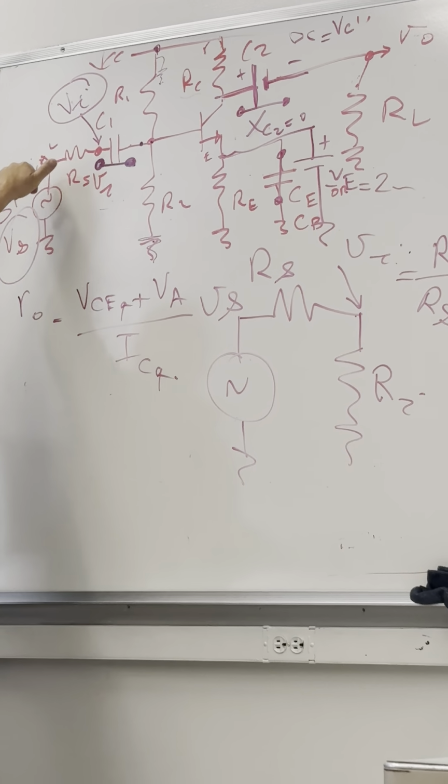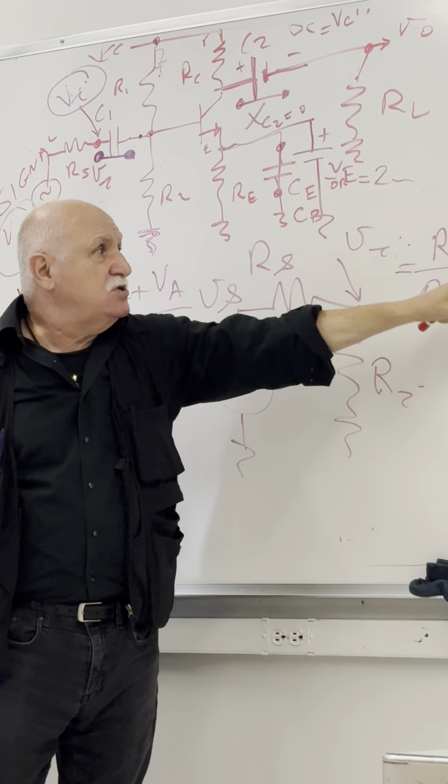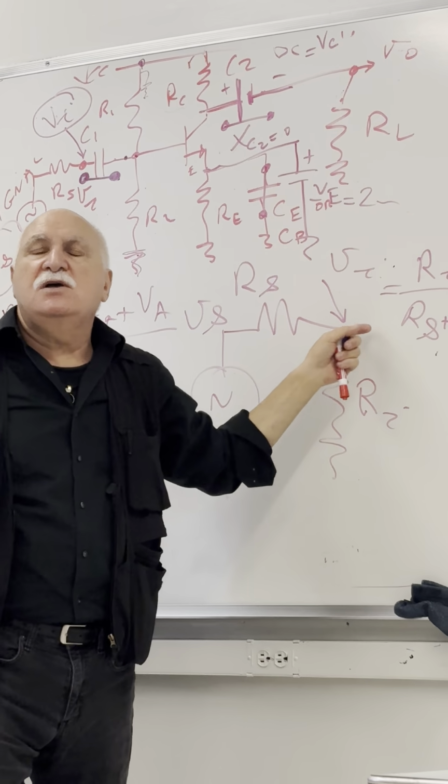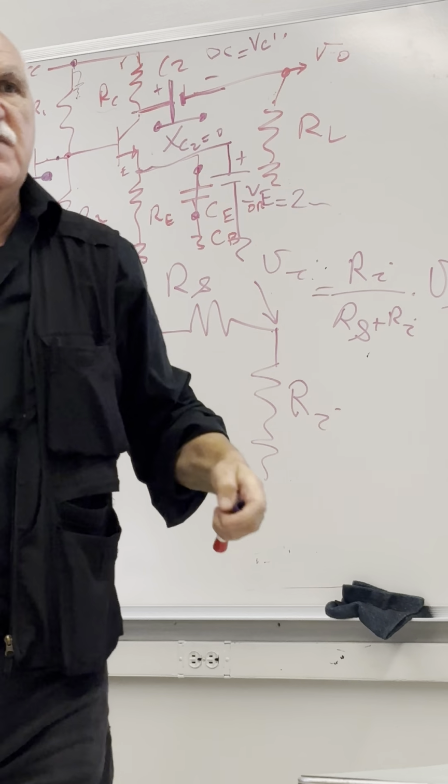It will be 2K divided by 2 plus 2 times the 100, and then you'll get 50 millivolt at the VI.